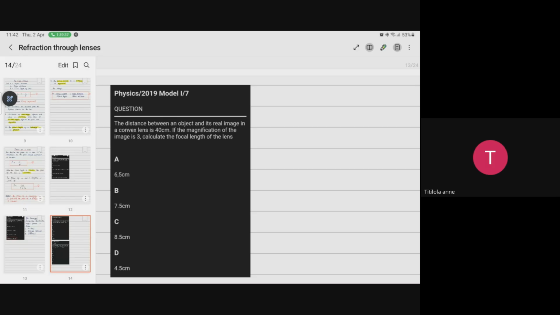So m is equal to v over u. Since our magnification is 3, we'll get v is equal to 3u. v equal to 3u.